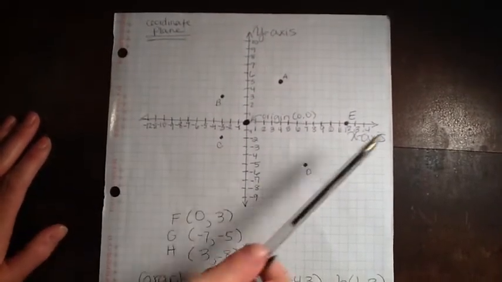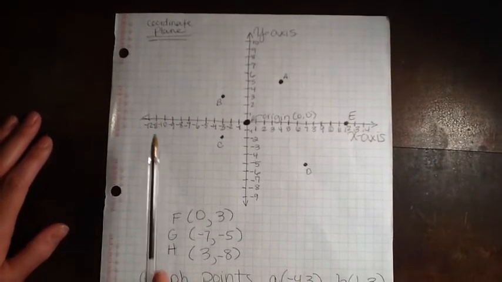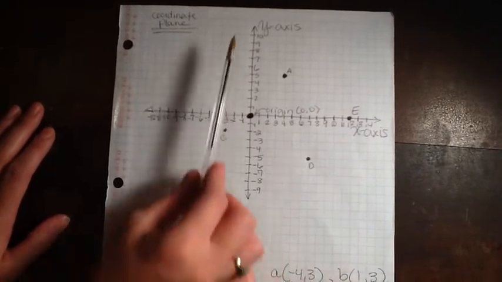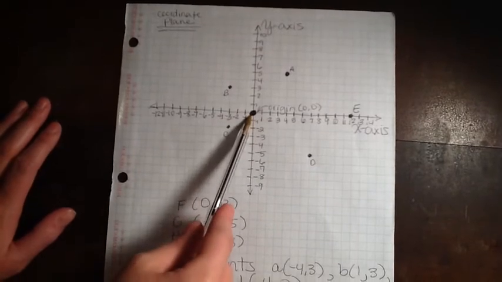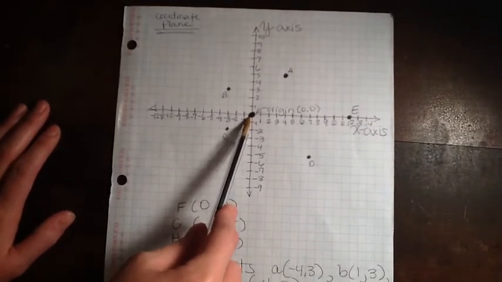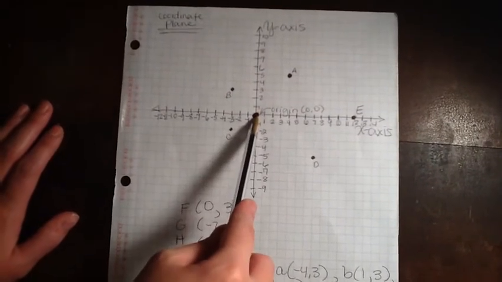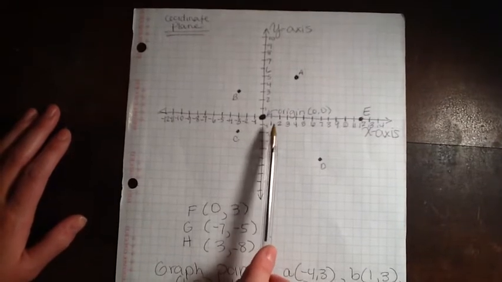When I drew my coordinate plane, I went ahead and labeled all of the important parts. So this horizontal axis, I named the x-axis, and the vertical axis I named the y-axis, and then I named the origin. Just to remember that this is always where I start and it's always 0, 0, because it's 0 on the x-axis and 0 on the y-axis. This time I also labeled our numbers.